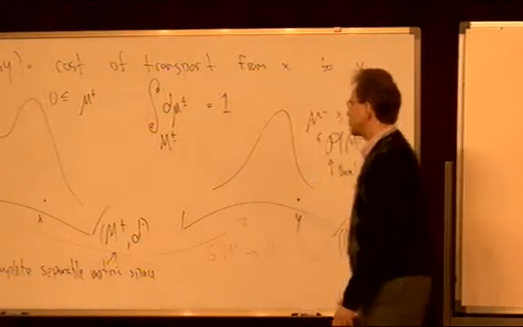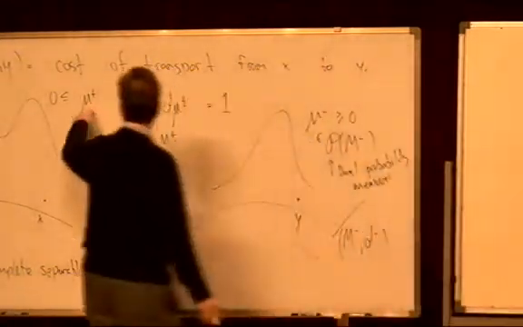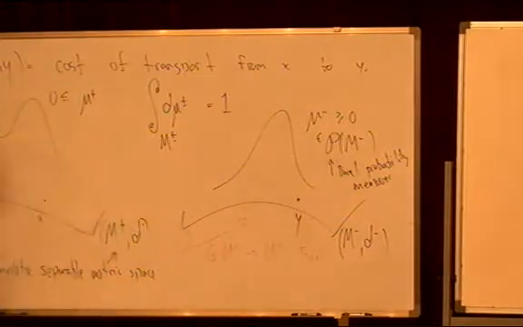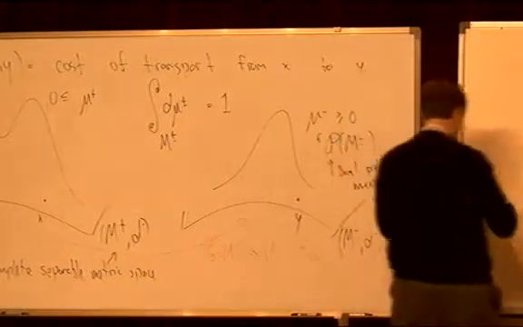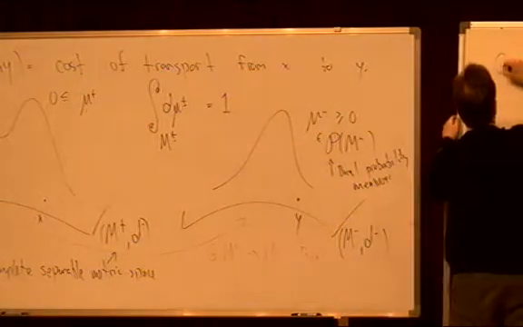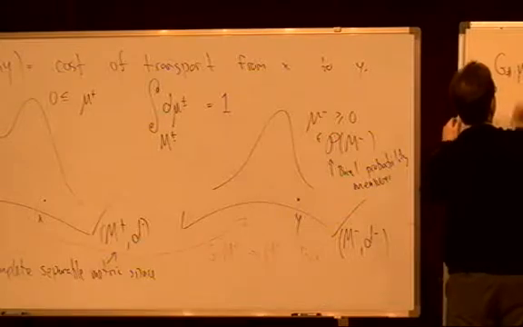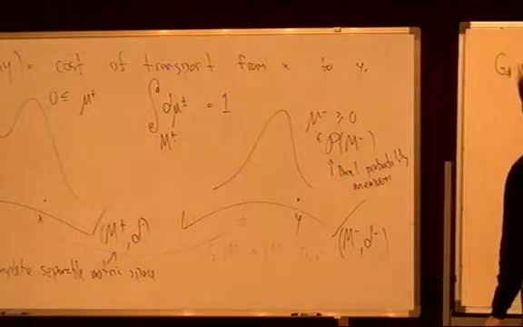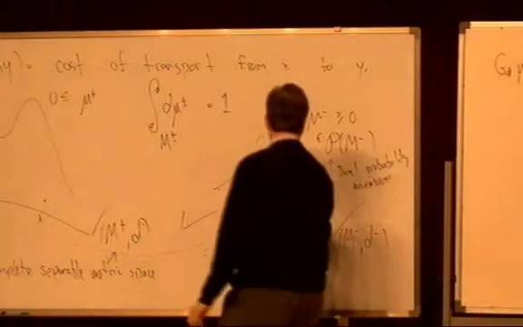And whenever I have such a map and a measure mu plus, there's an image measure on the right-hand side, which I call the G push forward of mu plus. What this image measure does is it takes a set over here.